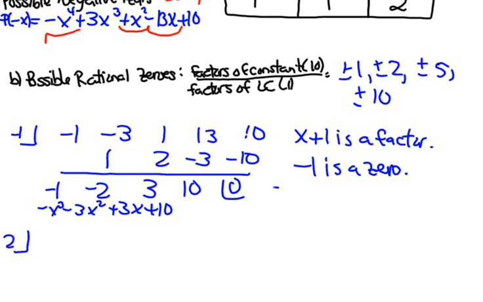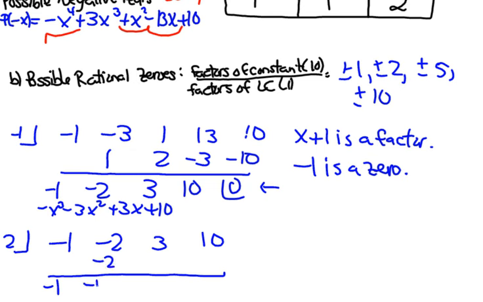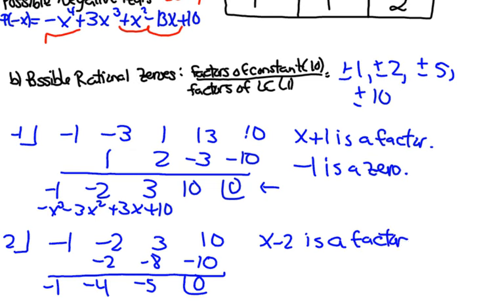Again, I'm going to use this row for values. Let's work this. So what do we know? x minus 2 is a factor, and 2 is a 0.